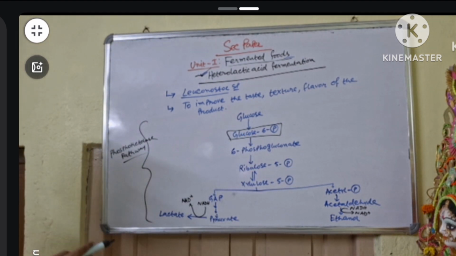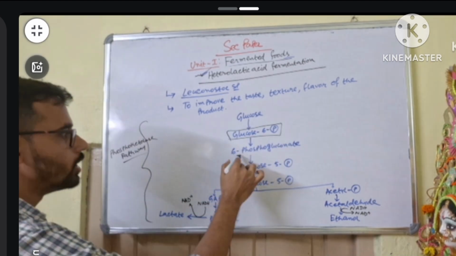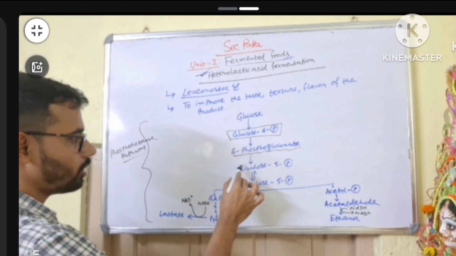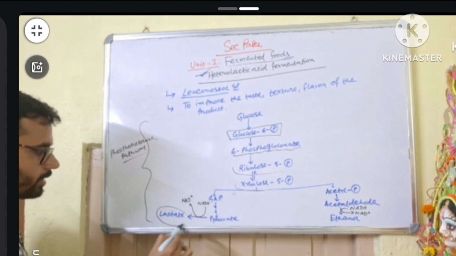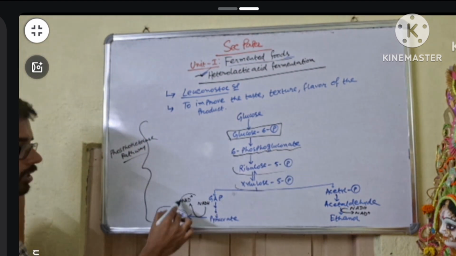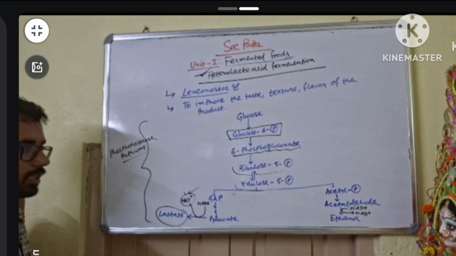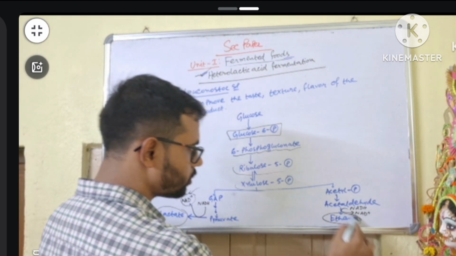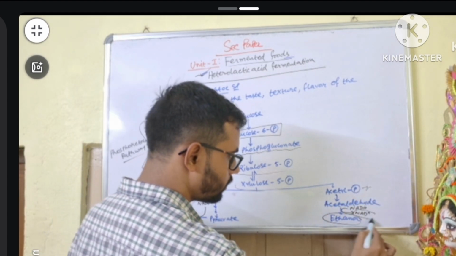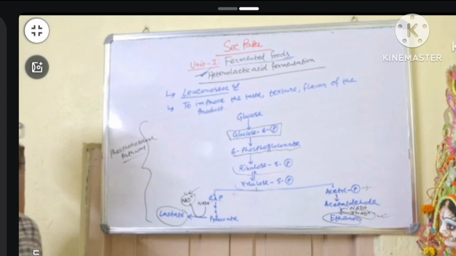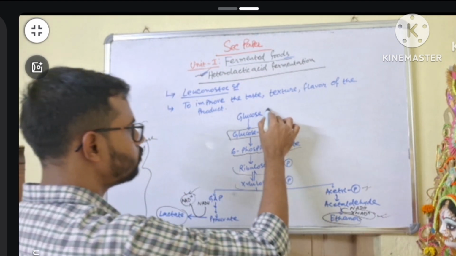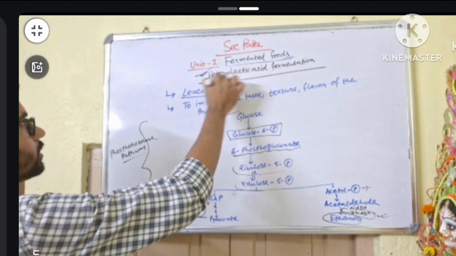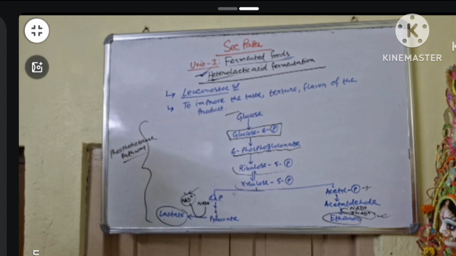Glucose 6 phosphate usually goes into fructose 6 phosphate in glycolysis, but here they diverge into 6 phosphogluconate, and thereon they produce ribulose, xylulose 5 phosphate, and lactate as the byproduct. NAD plus is regenerated. Here also ethanol is produced from the acetyl phosphate, and NAD plus can be regenerated. So two products are generated in one reaction state. That's why it is heterolactic fermentation.